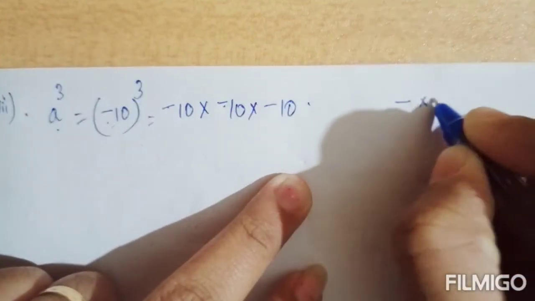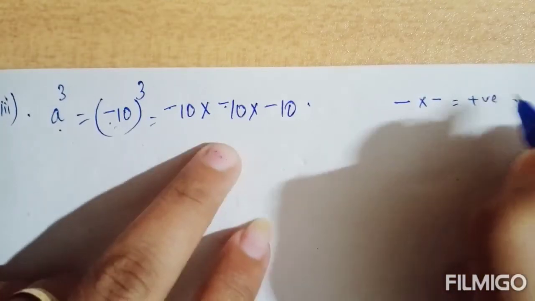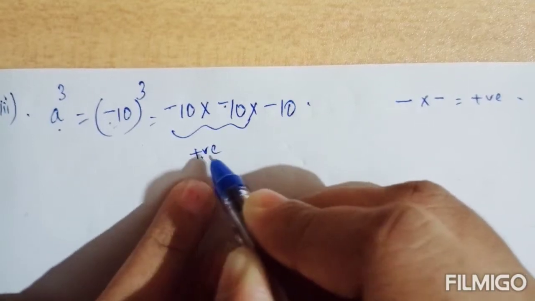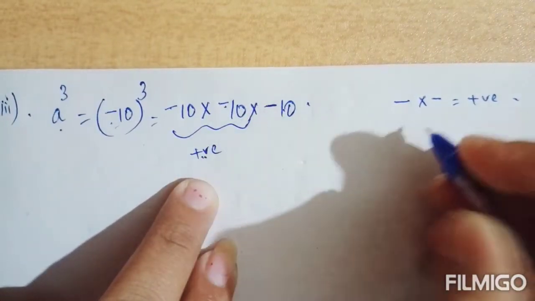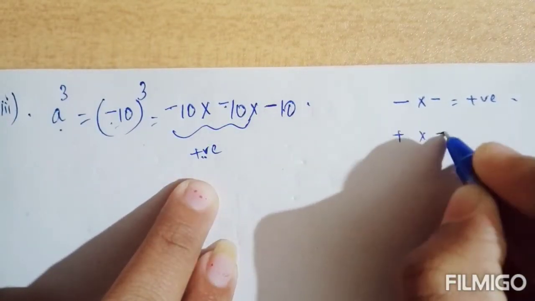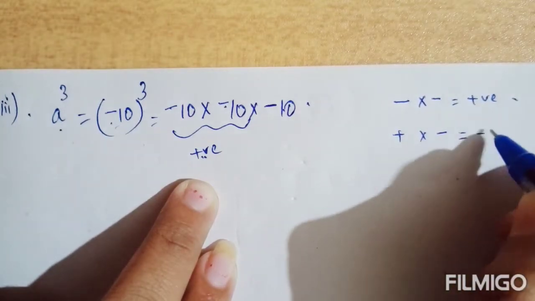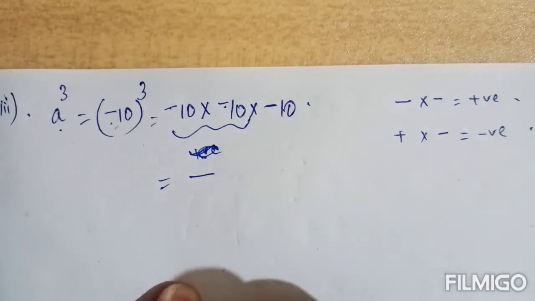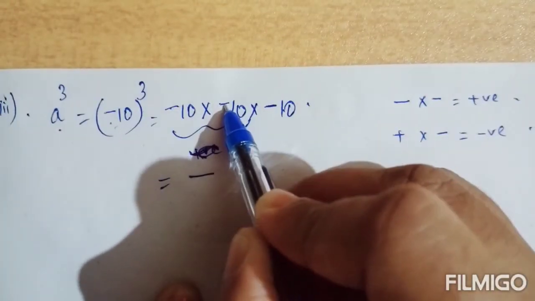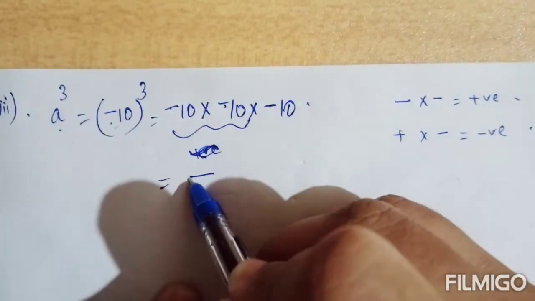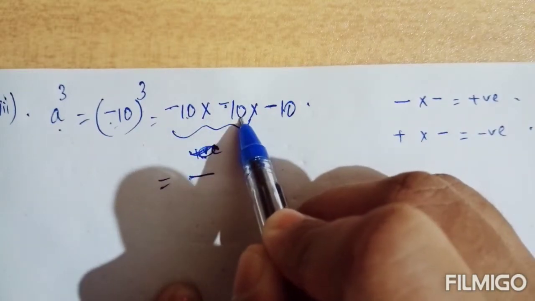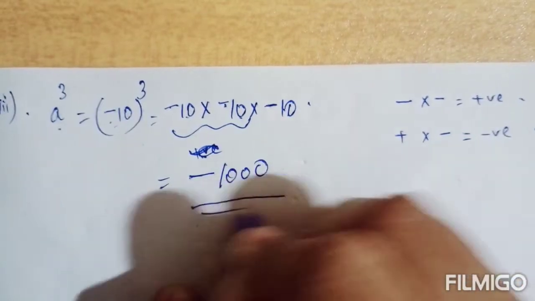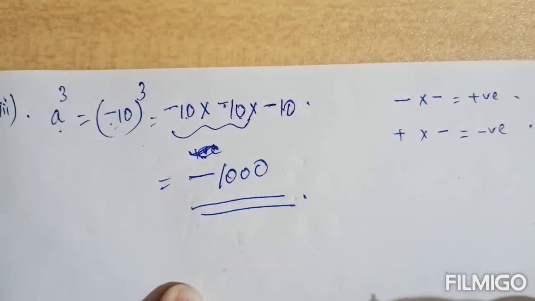Next, positive into negative we will get a negative. So the final answer will be negative. 10 into 10 is 100, 100 into 10 is 1000. So minus 1000 will be the answer.